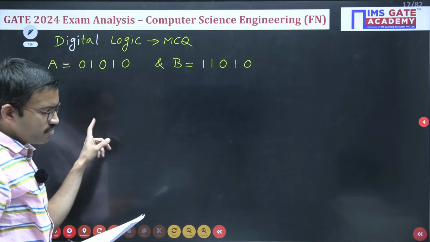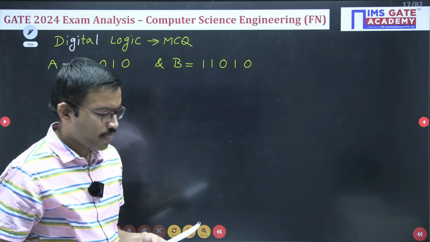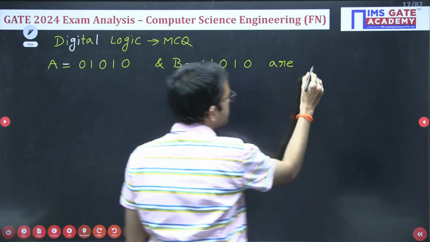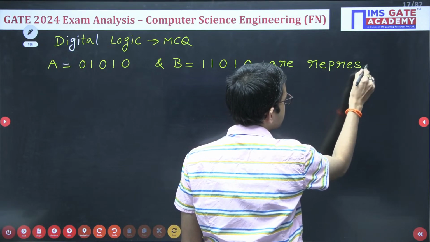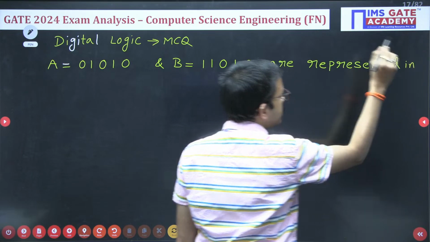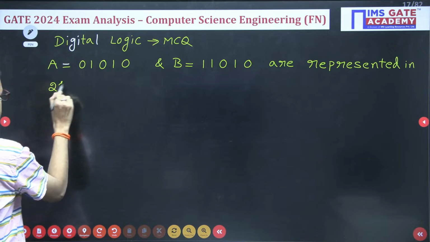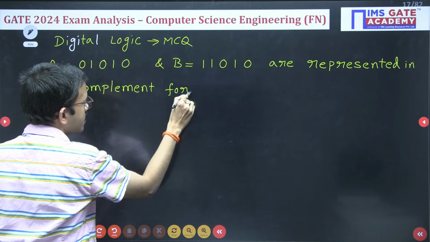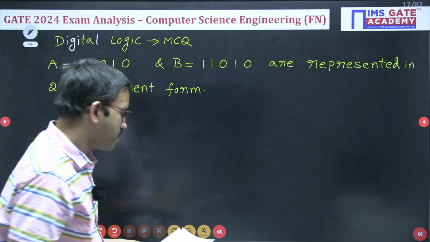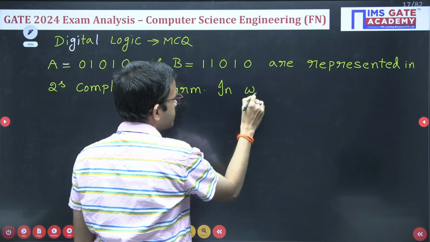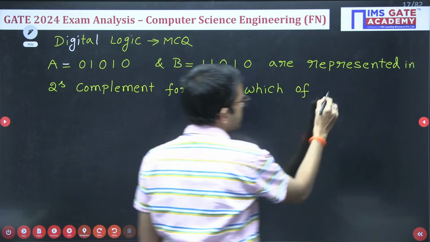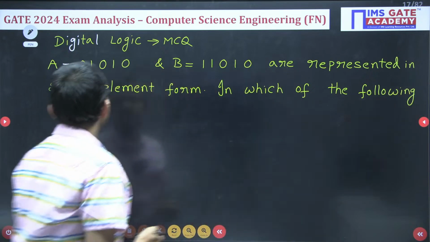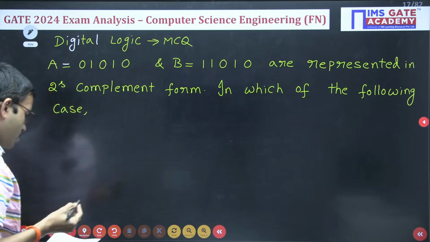A equal to 01010 and b equal to 11010. These two numbers are represented in 2's complement form. In which of the following cases does the overflow occur?